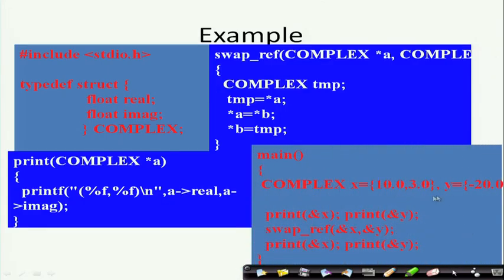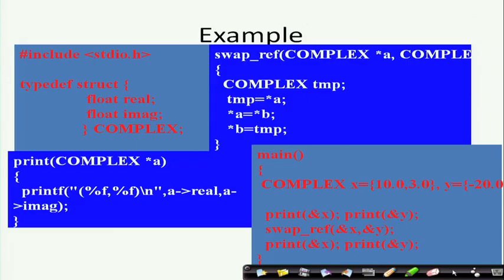So, the main program can define complex x as 10 and 3, y as minus 20 minus 10, because of the resolution it is not visible. So, print x and y, then swap reference, print x and y. Now, can you guess and tell me whether the swapping will work in this case or not?